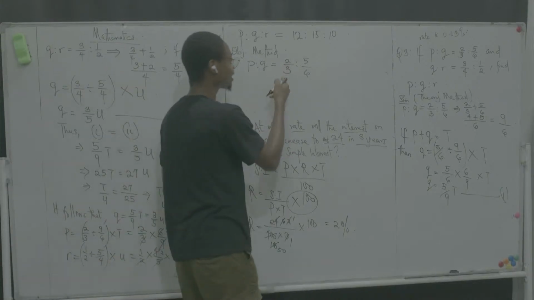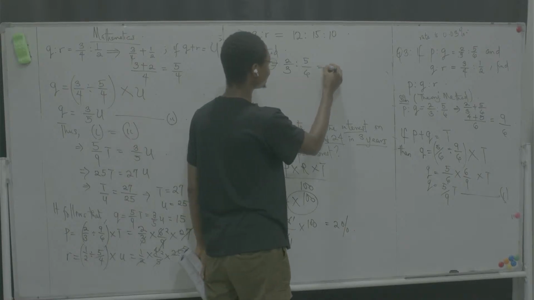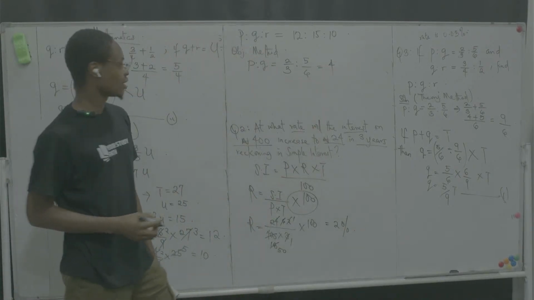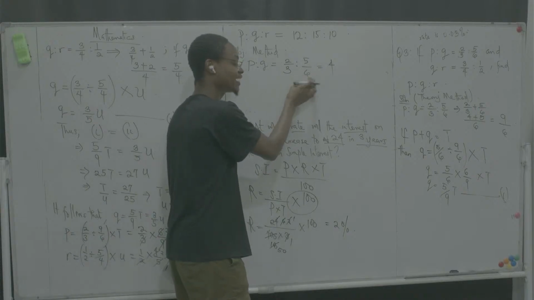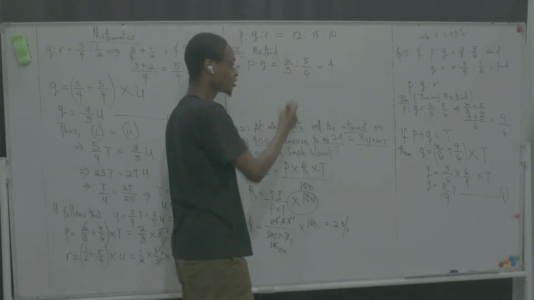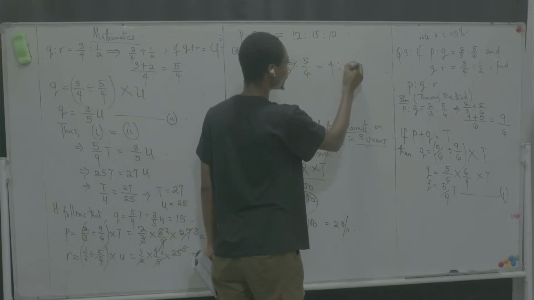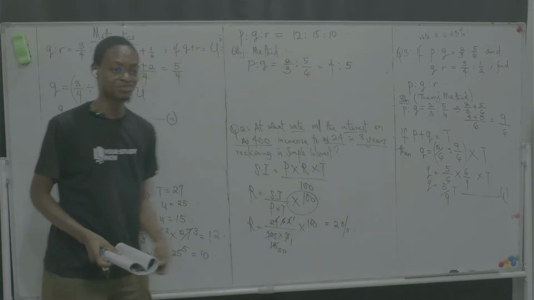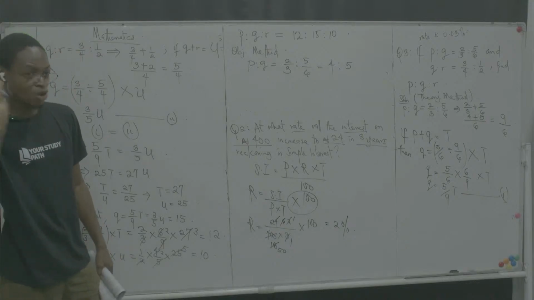If I multiply 2/3 by 6, what will I have? 4. Basically I multiplied by the LCM of the denominators. That's what you are doing. I have 4 ratio 5. So 2/3 ratio 5/6 is the same thing as 4 ratio 5. I hold on to that.